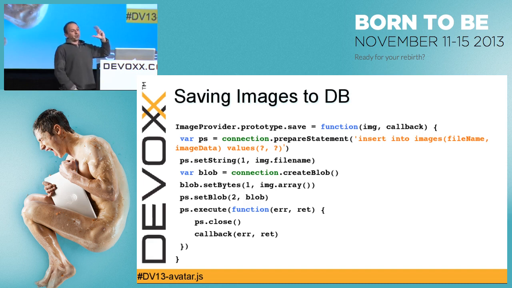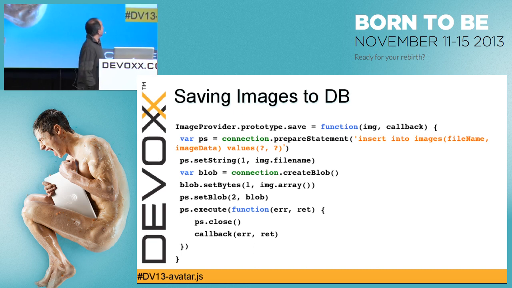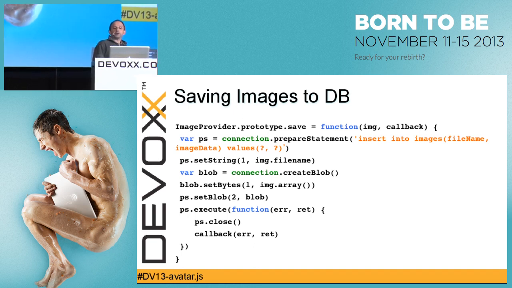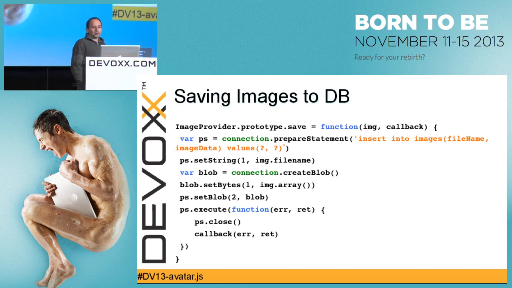We have an image provider module that exposes a save method, providing an image path and data and a callback that will be called when the image has been saved.